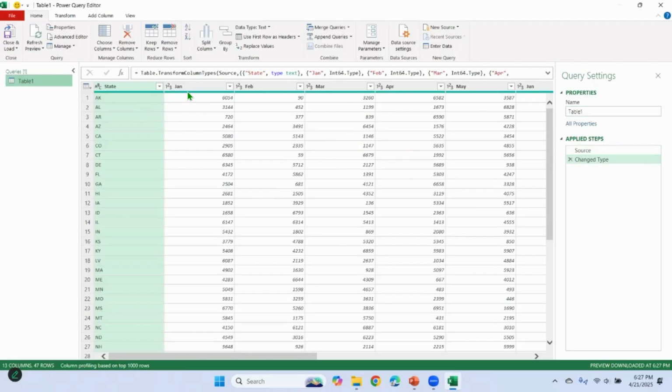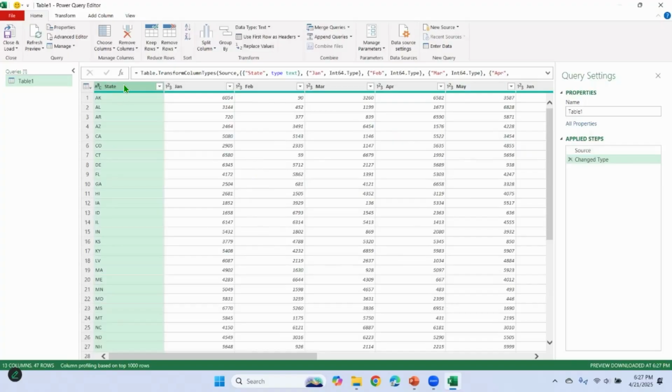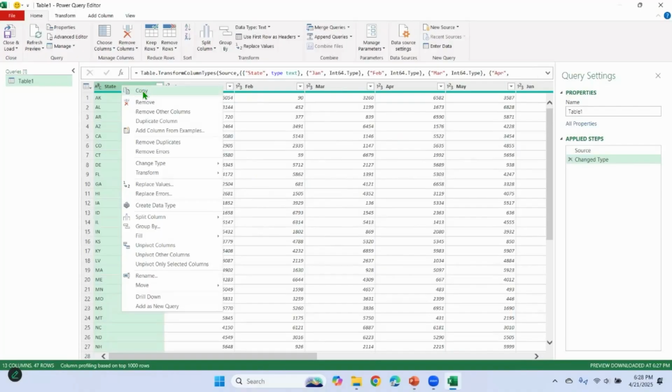The idea is to bring all these headers into one single header called month, and keep all these values as one single column called amount or sale or profit. So this data is perfect for us. Listen to the term: we want to unpivot all of this. So the column I want to keep is here. I right click that, and then say keep this column, but unpivot other columns.